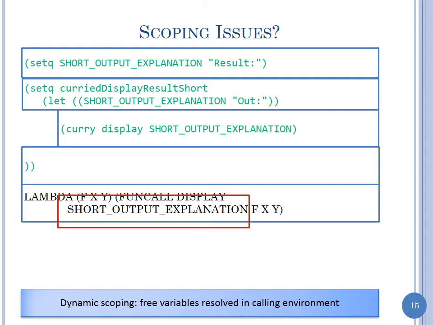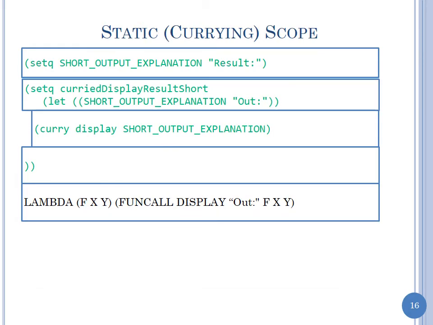So I do something like this. Actually, it should be out here, right? So we evaluate the argument, and in this case, it should be out rather than result.